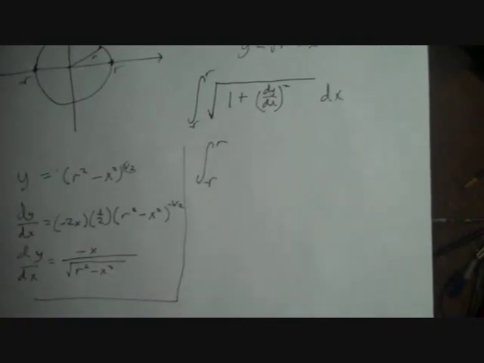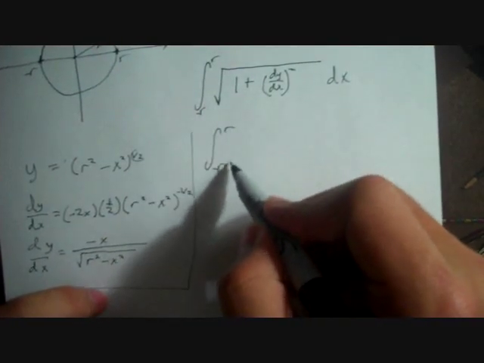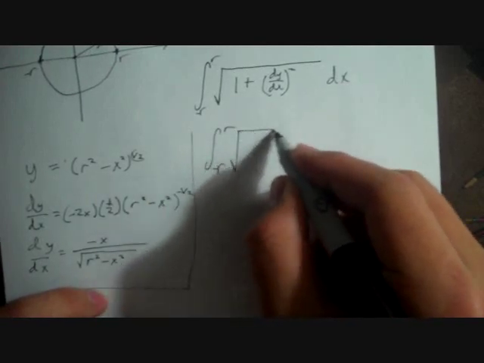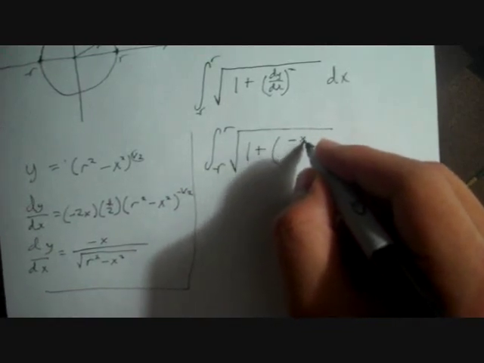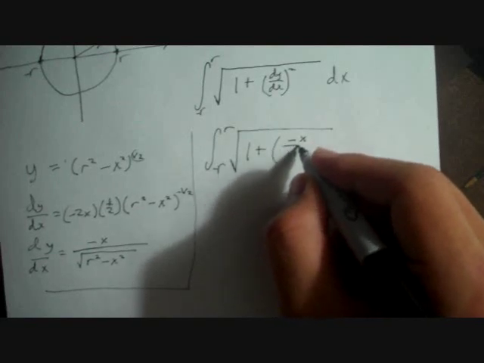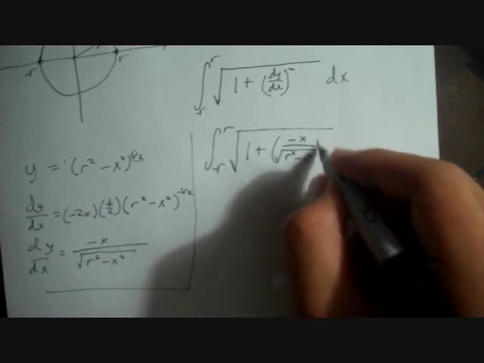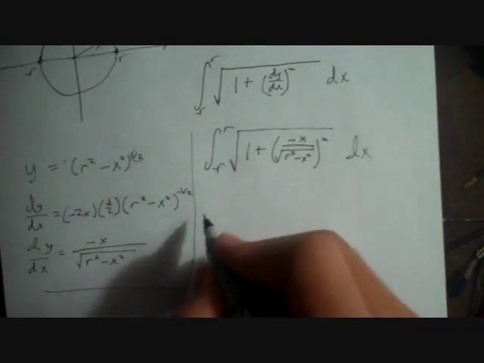So we're going to plug our dy/dx into our original arc length function. So we're going to take the integral from negative r to r of the square root of 1 plus dy/dx, well, that's negative x over the square root of r squared minus x squared, all that squared, dx. Well, we can simplify that.